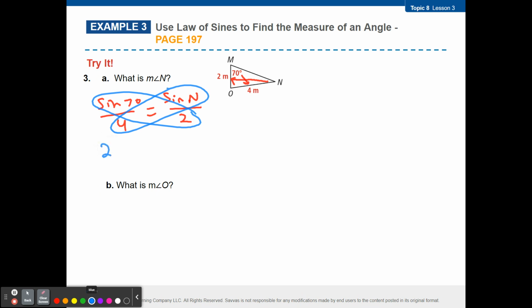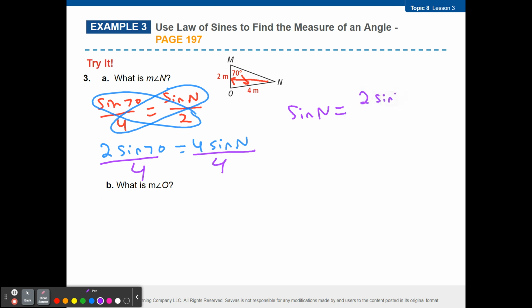This will leave me with 2 sine of 70 equals 4 sine of N. I am going to divide both sides by 4, leaving me with the sine of N equals 2 times the sine of 70 over 4.